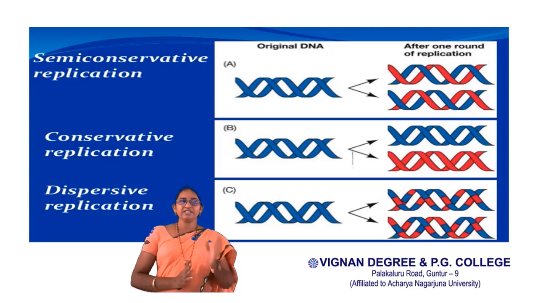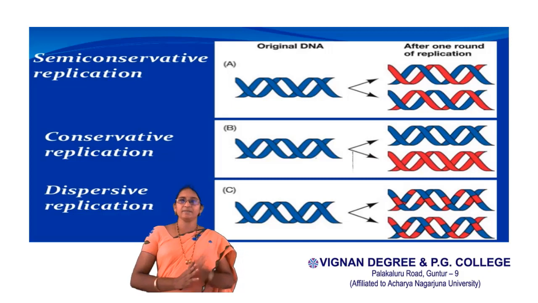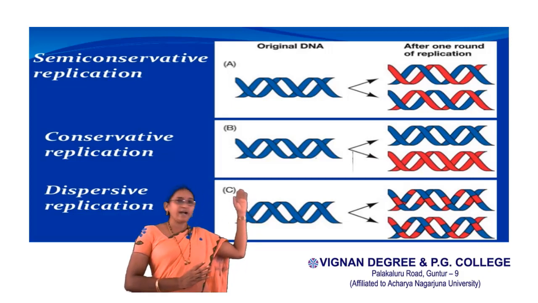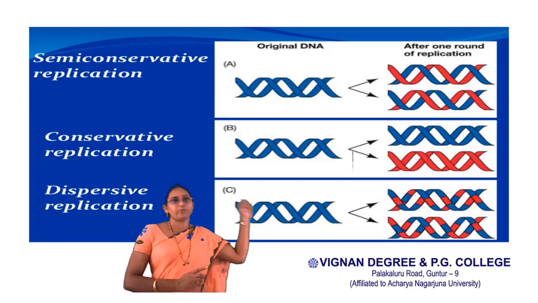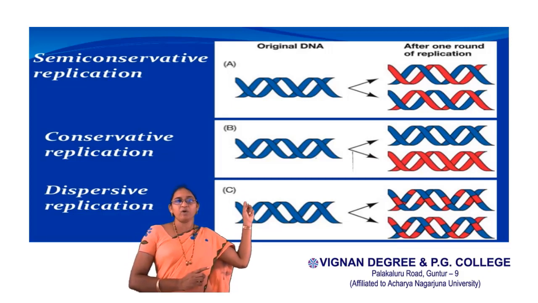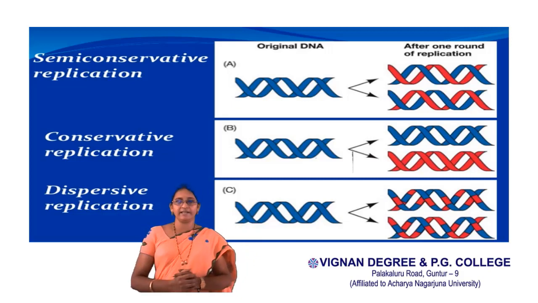That means each strand in the duplex DNA acts as a template and synthesizes a daughter strand, resulting in two DNA molecules, each containing one original strand and one daughter strand.